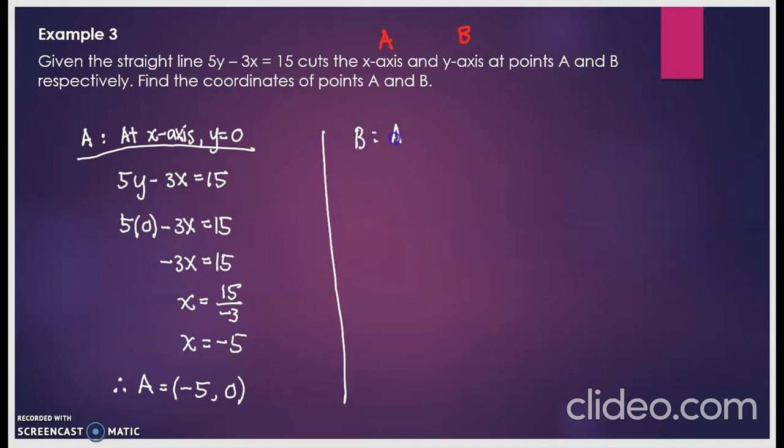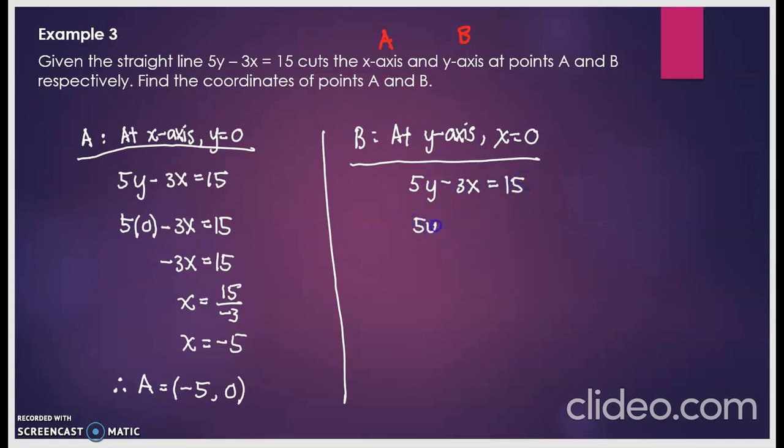So B is at the y-axis. You have to remember that at the y-axis, x is equal to 0. Again, we will substitute into this equation 5y minus 3x is equal to 15, where x is equal to 0.